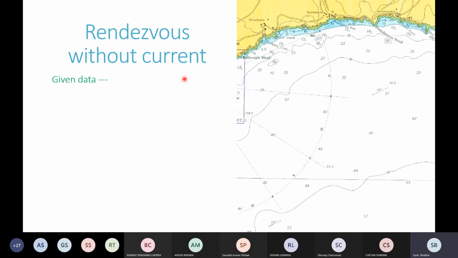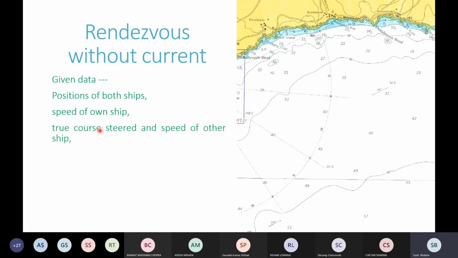Now beta, in these type of questions, the data which is given to us is the question tells us the position of both the ships, that is our ship and the target ship or the other ship. The speed of own ship is given to us. We know what is the speed which we can maintain.